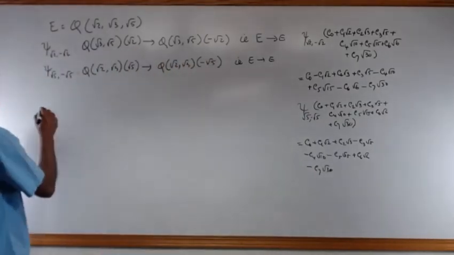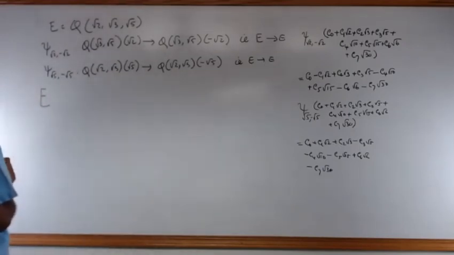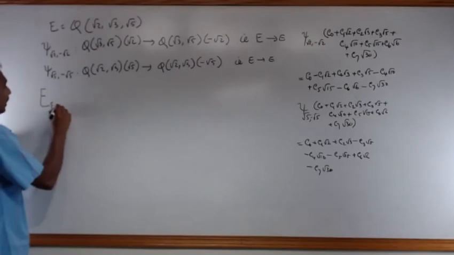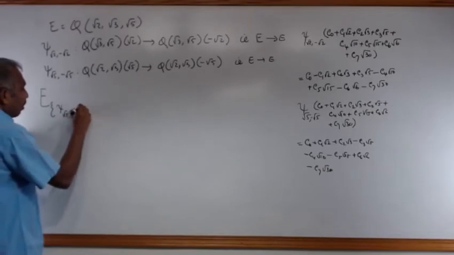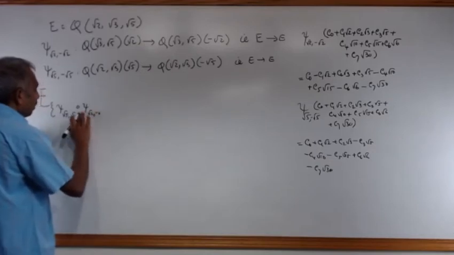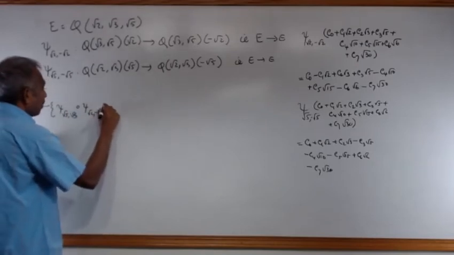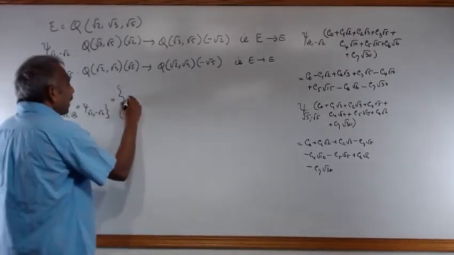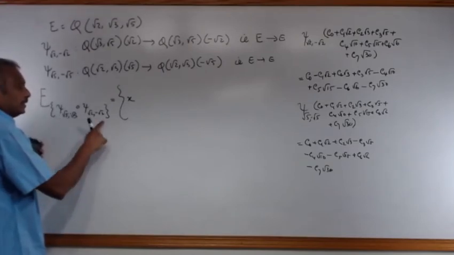Now our objective is to find the fixed field of psi of root 5 comma minus root 5 of root 2 comma minus root 2. And the definition is, there is only one automorphism in this collection.